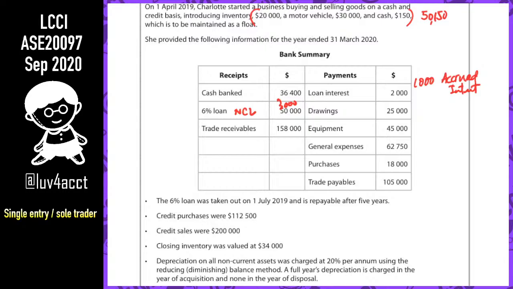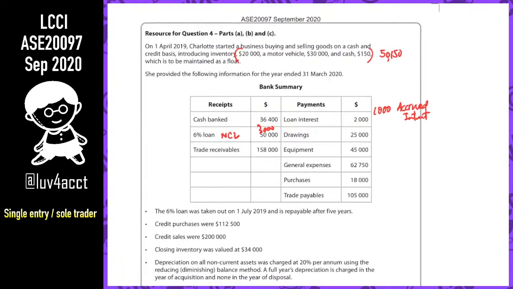The 6% loan is taken out on the 1st of July. Oh, okay, that means this is not the case. If it is only taken out on the 1st of July and year end being 31st March, that is 9 months only.